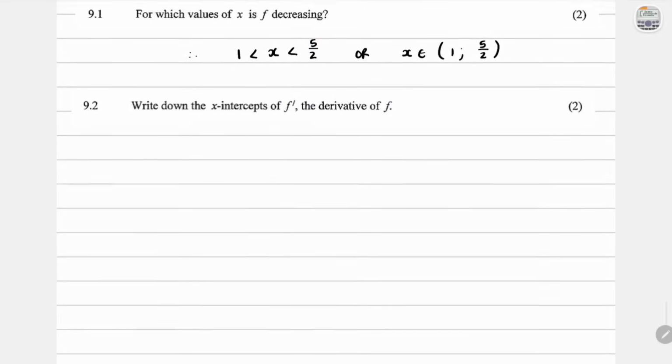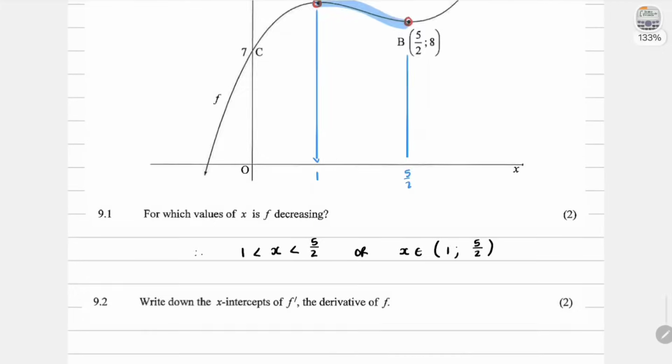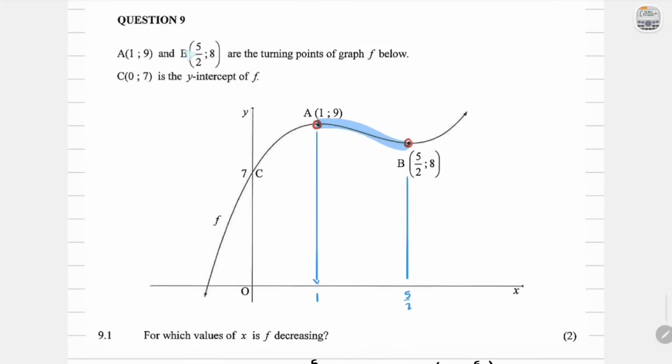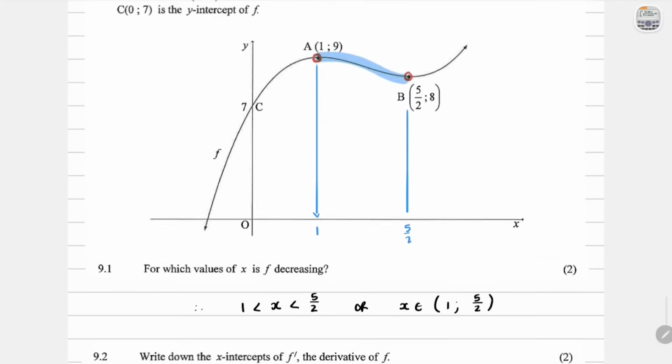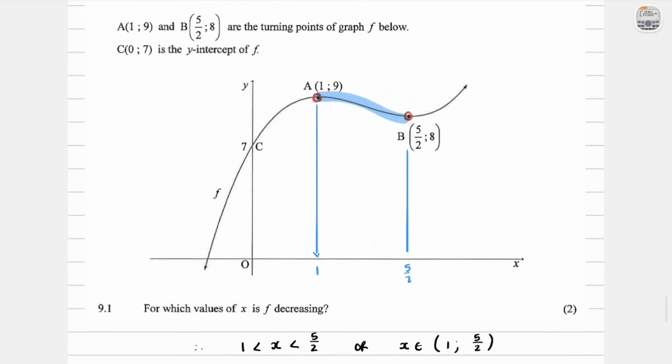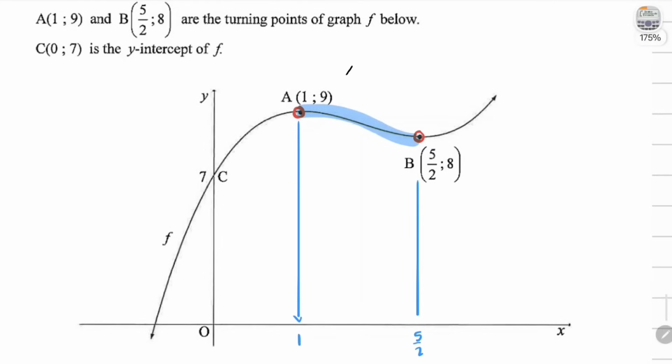The next question is to write down the x-intercepts of the derivative of f. Now notice that they did not give us the equation of f, but we have to find the x-intercepts of the derivative. Okay, so this has to do with a little bit of understanding with graphs. We have a cubic function, and as you can see, it's a cubic function that sort of looks like an n, just more curved.